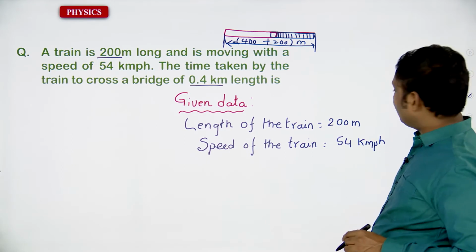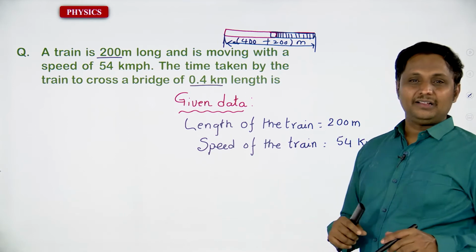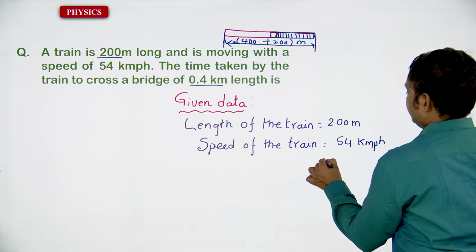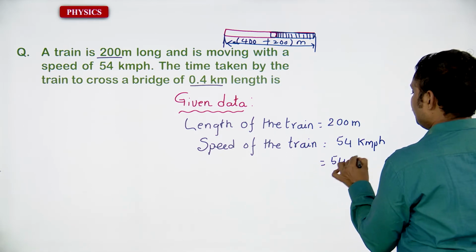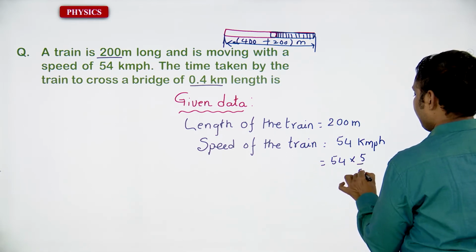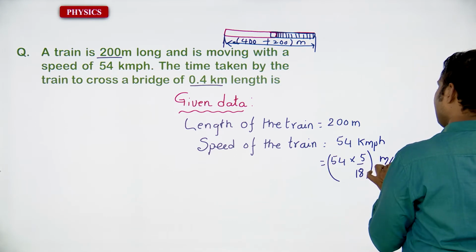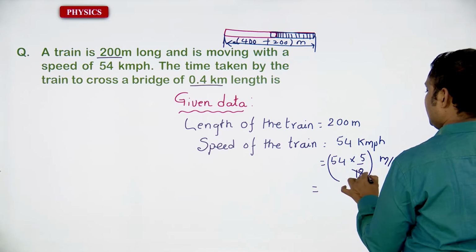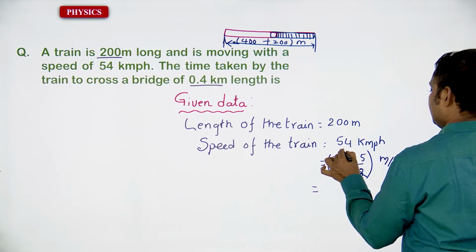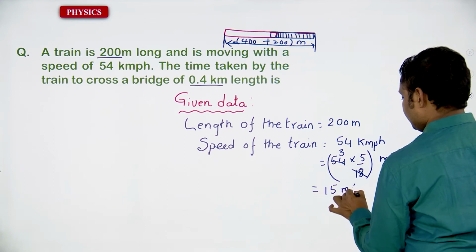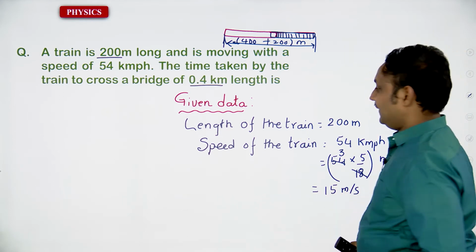If you do the conversion, that is 54 into 5 by 18 meter per second, which is 15 meter per second. This is the speed of the train.